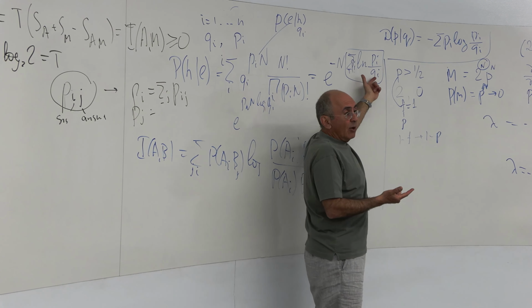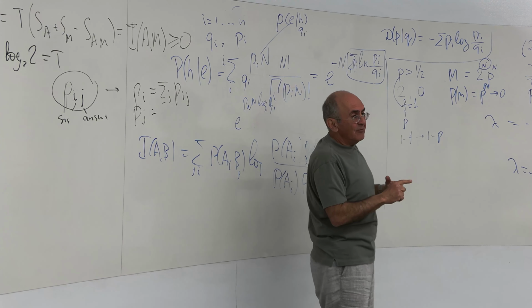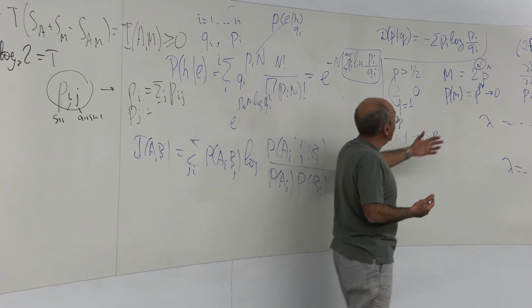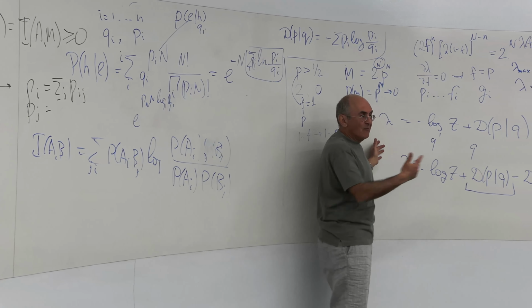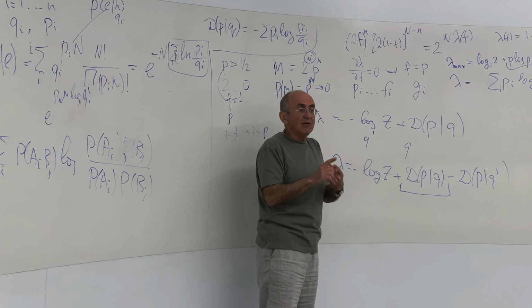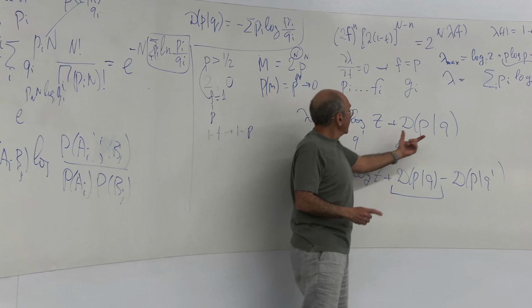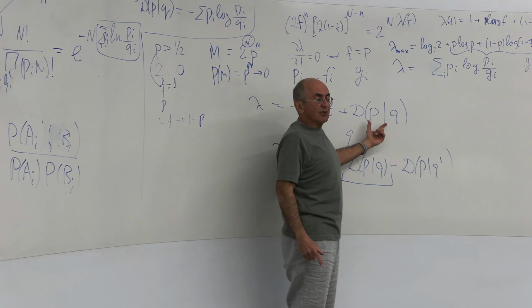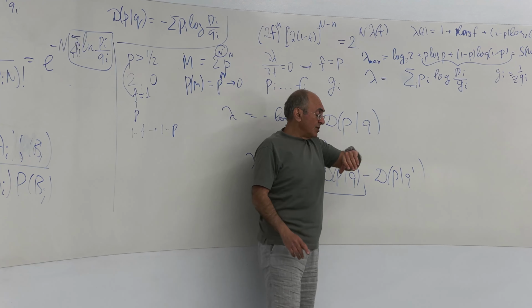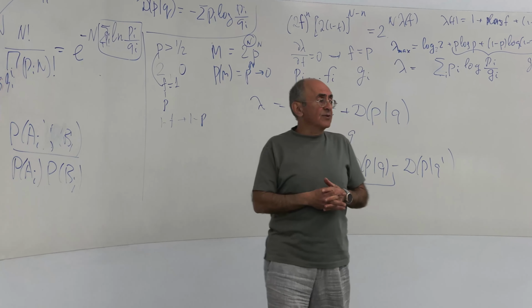Okay? And on the other hand, if your guess, your hypothesis, is better than somebody against whom you are betting, then you get money with a rate which is again the relative entropy between your distribution and his guess about it. Okay? So that's more or less the statement.